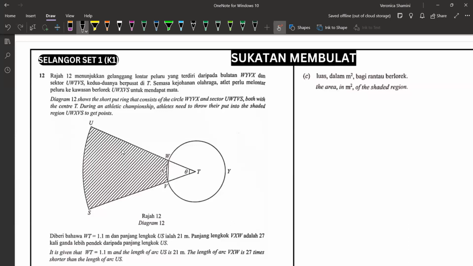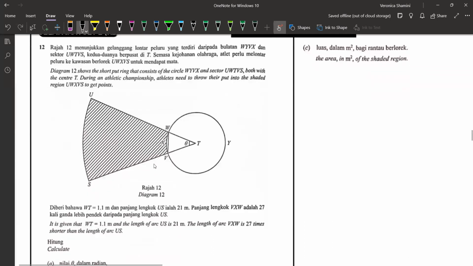And sector UW, TVS. Okay, both dia punya center adalah T. Semasa kejohanan olahraga, atlet perlu melontar peluru ke kawasan berlorek untuk mendapatkan mata to get points. Okay, diberi WT is 1.1 meters and the panjang lengkuk here is 21 meters.